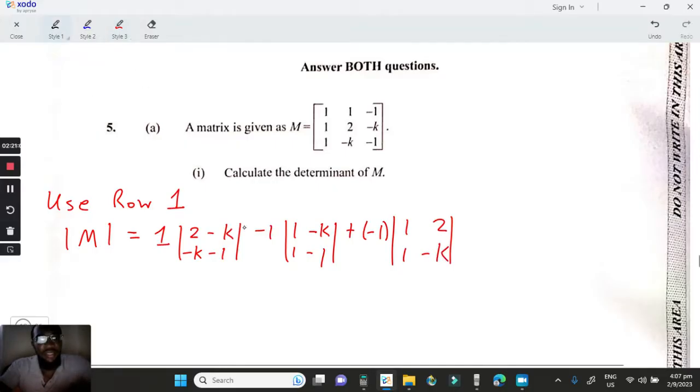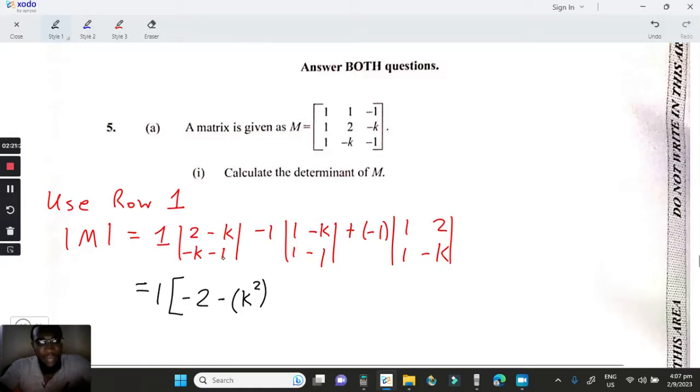In this case now, we simplify this. 1 times 2 times negative 1 is minus 2. And then minus negative k times negative k is of course k squared.